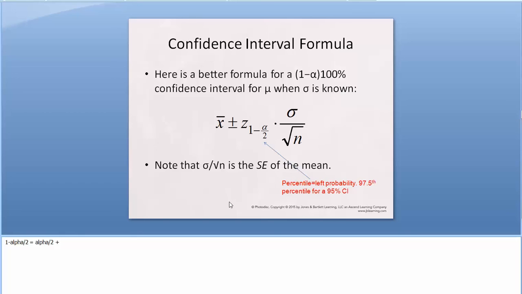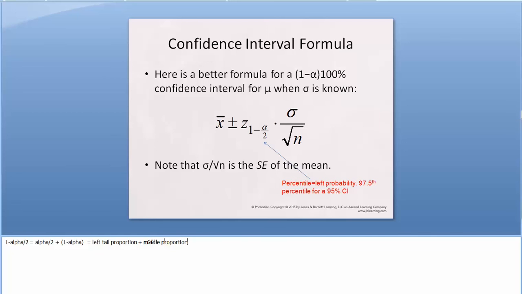And how did you get alpha by 2? This is actually the left tail proportion, and 1 minus alpha is the middle proportion. Okay, so that is how you get that.